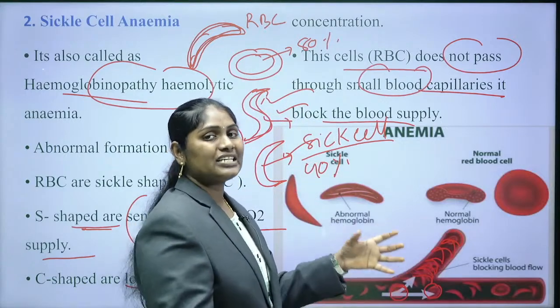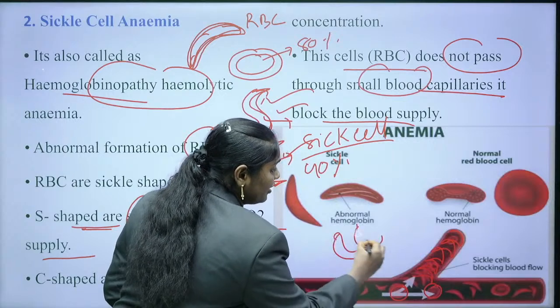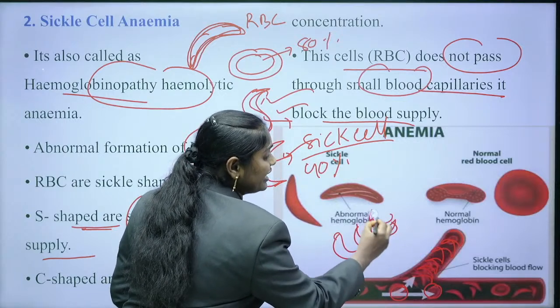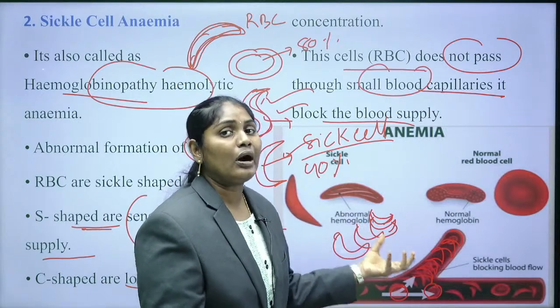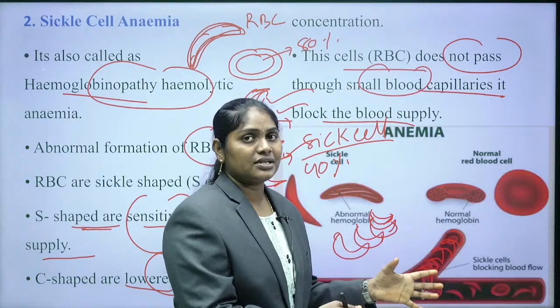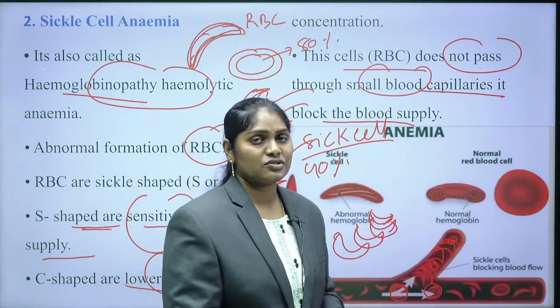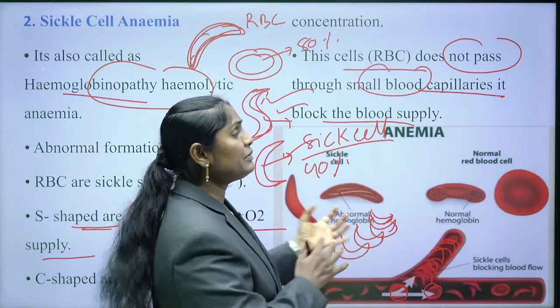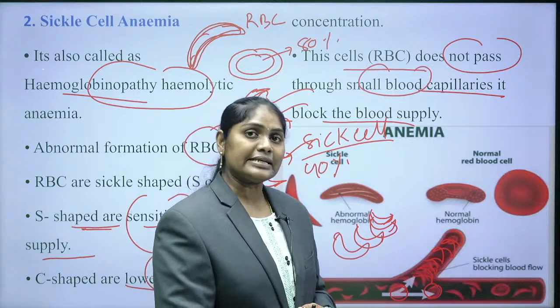They cannot pass because their shapes are so convenient to form a precipitate-like thing. Because of that, all will be stuck, and you don't have proper movement of blood. You will have some problem in the movement of blood cells. That is also seen because of these sickle cells.